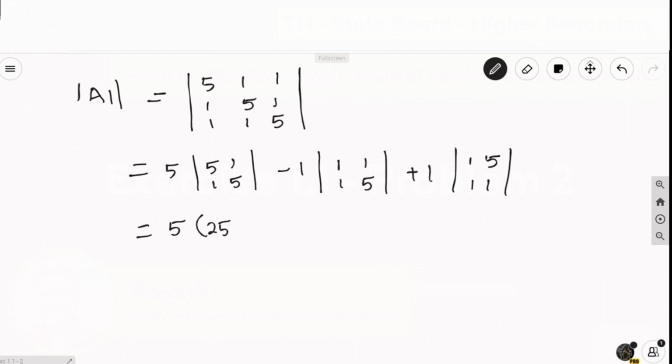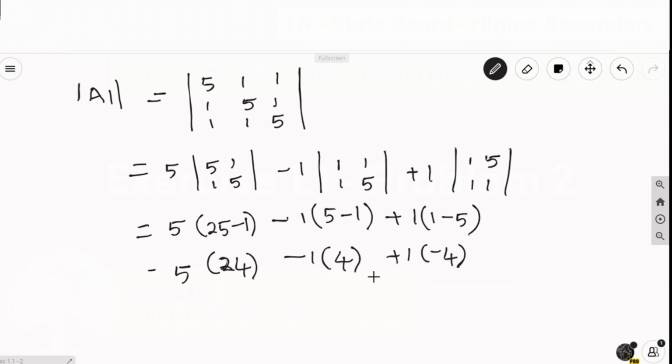Multiply, subtract the other diagonal. The value of the determinant is 112 and that is not equal to 0.